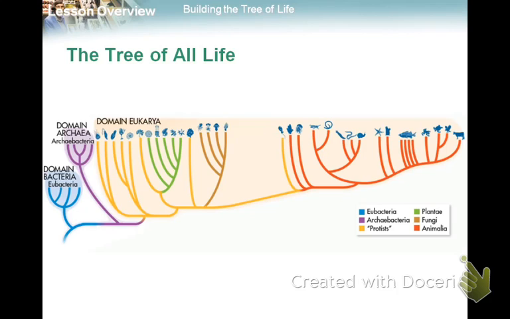So we have domain Bacteria over here on the left, domain Archaea, and domain Eukarya. Sort of interesting to point out, domain Archaea, these are the bacteria that live in extreme environments, extreme heat, extreme cold, high salt content, no oxygen.